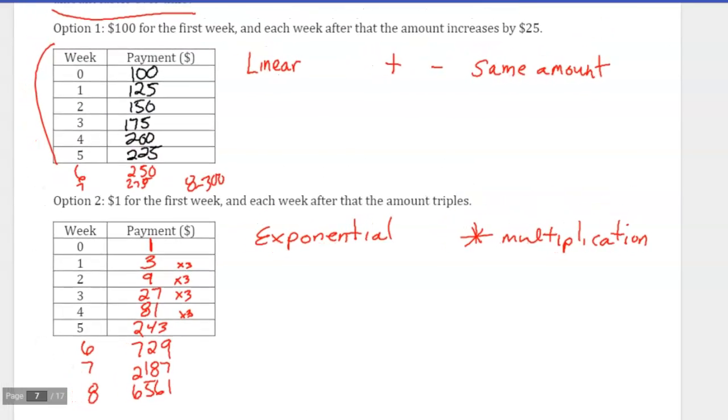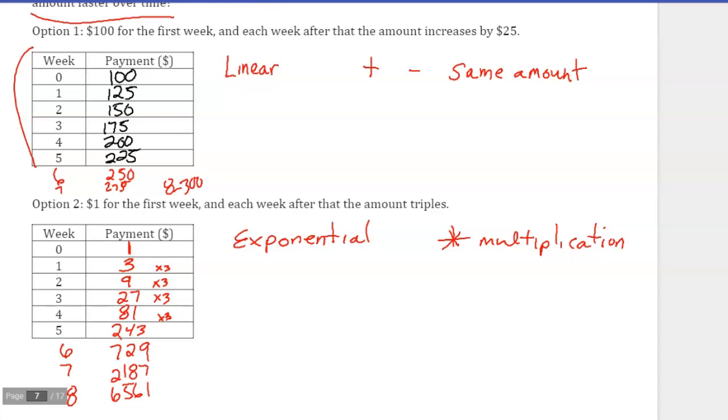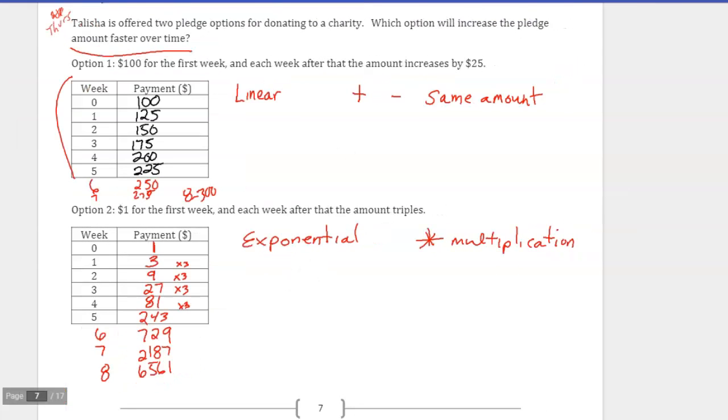So always the exponential option, even though we started with 100 here and only $1 here, it just gets so big, and the next time you'd add this, it'd be over 19,000. Okay, and that's the difference.